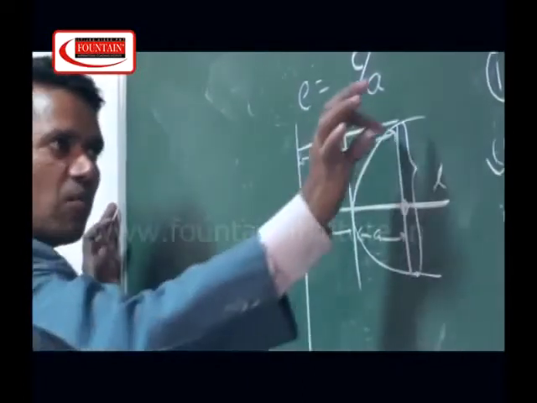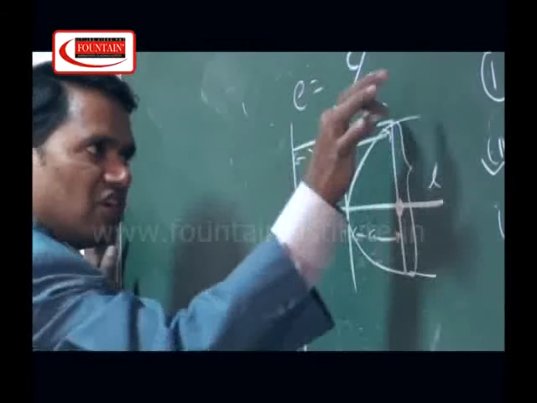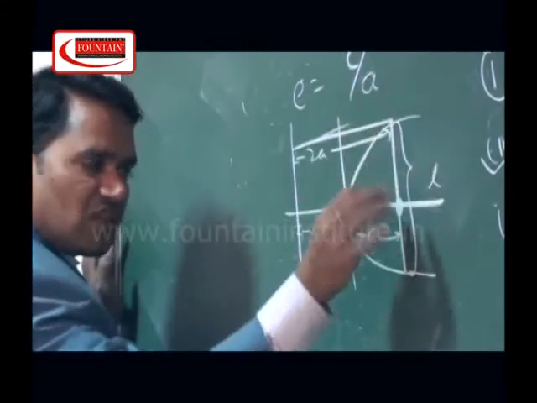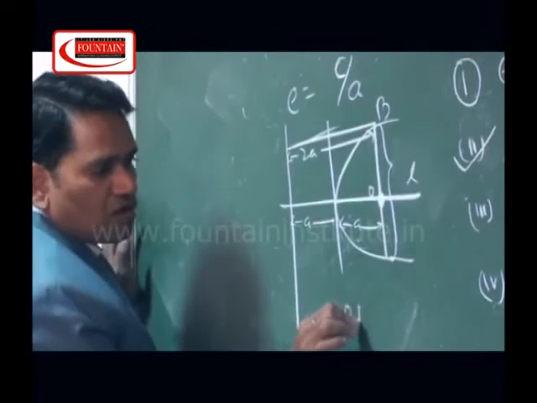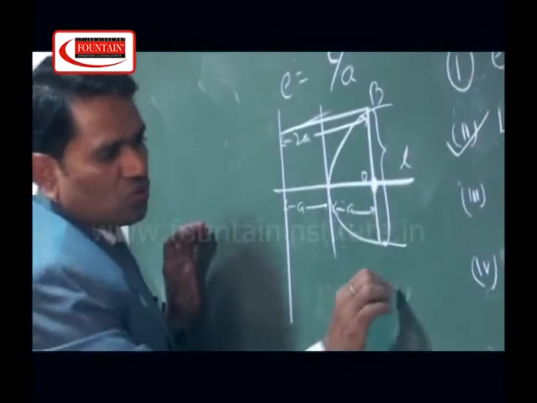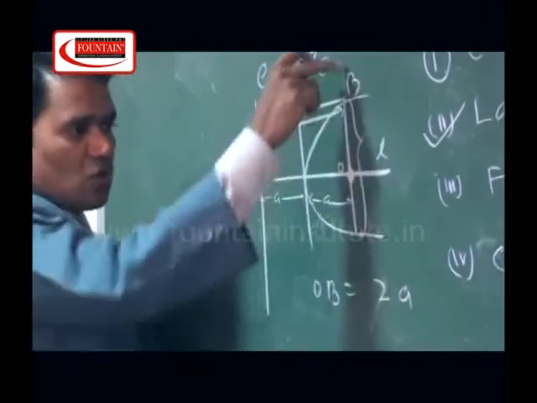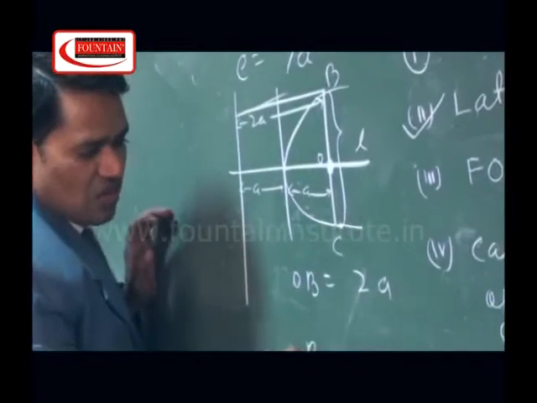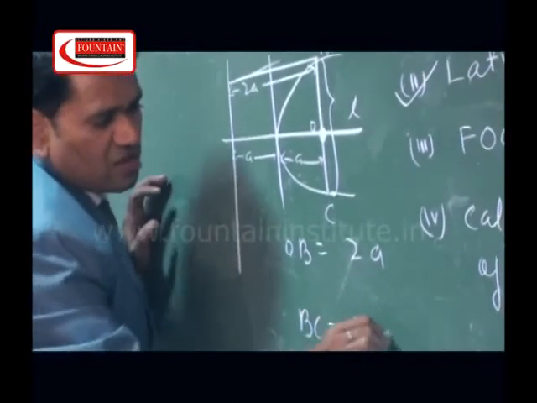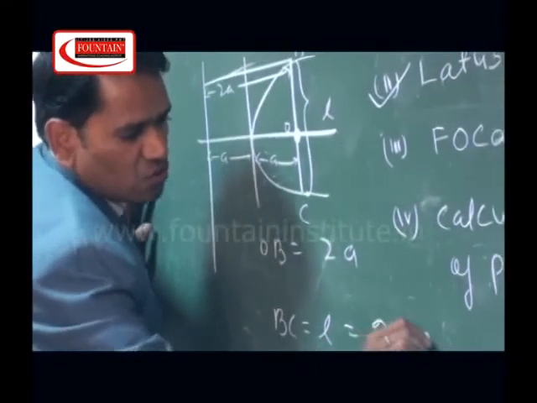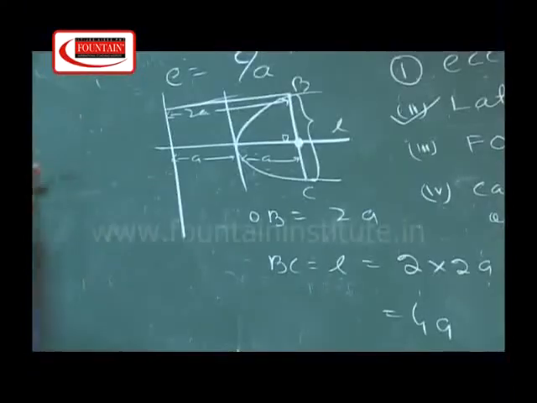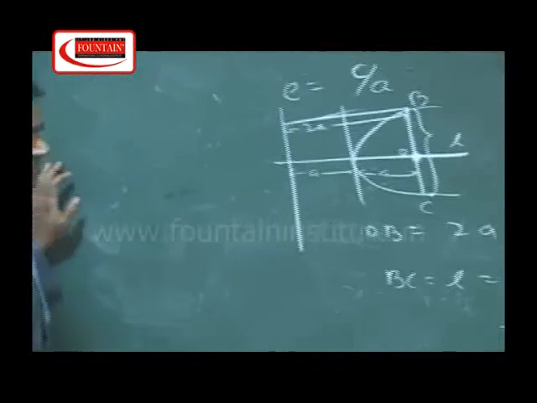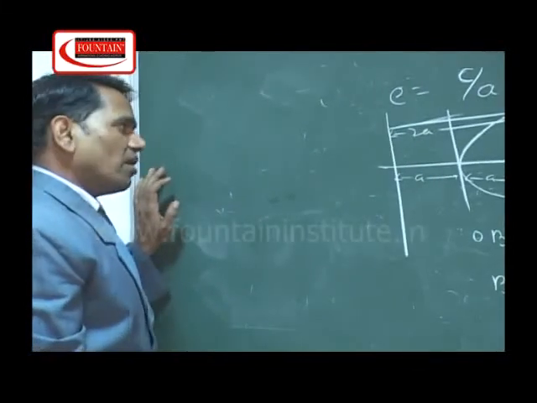By the definition of the parabola, this length equals this length, so this length will be OB. So OB equals 2a. So BC equals L equals twice into 2a, which is 4a. This is the length of the latus rectum of the parabola.